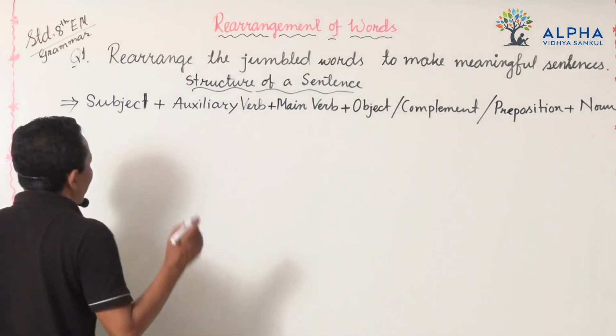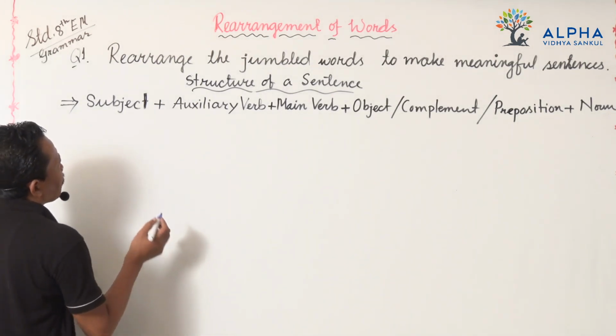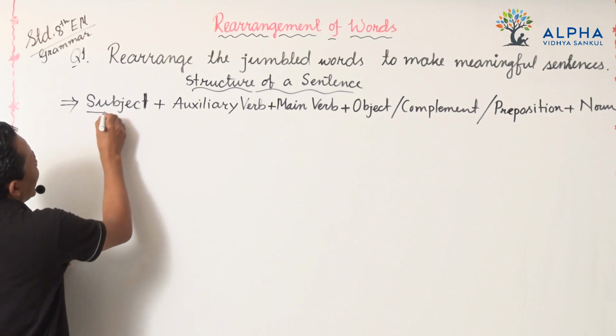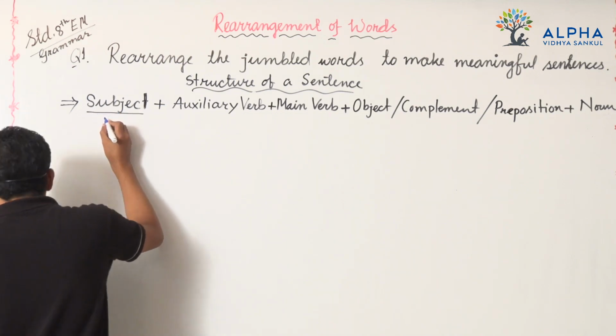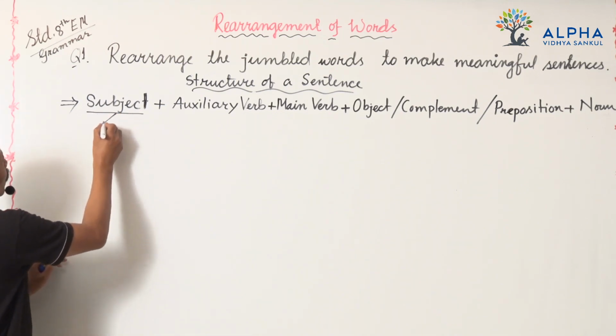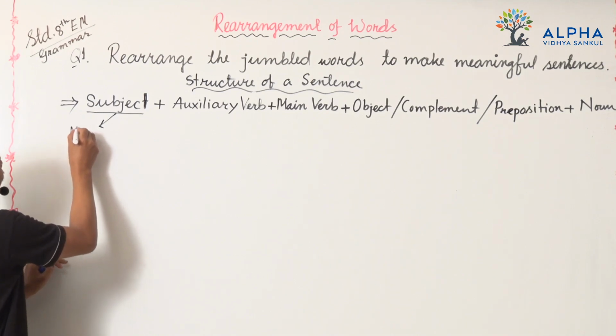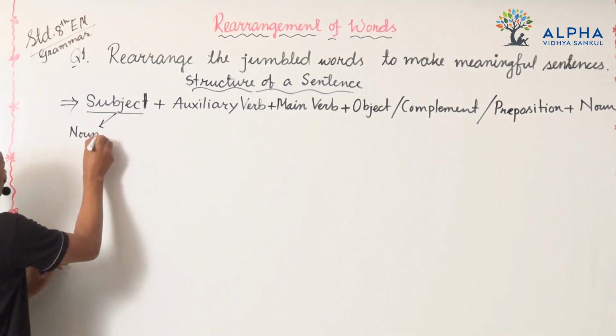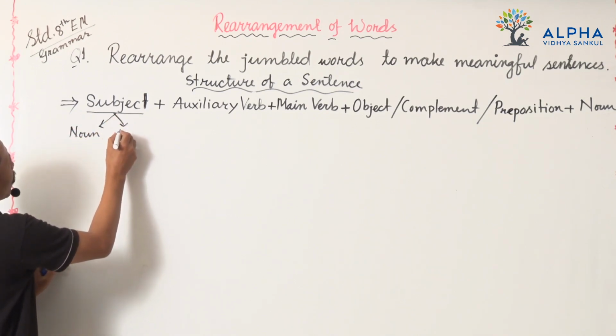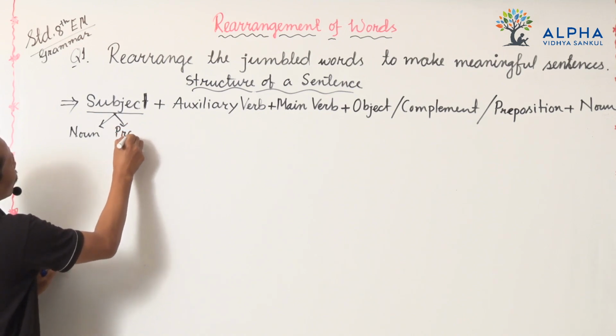So the first thing, if an example is given, students, we need to know the subject. What do we say the subject is? The subject should be a noun or pronoun.